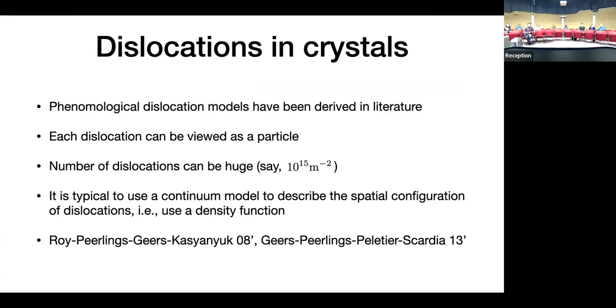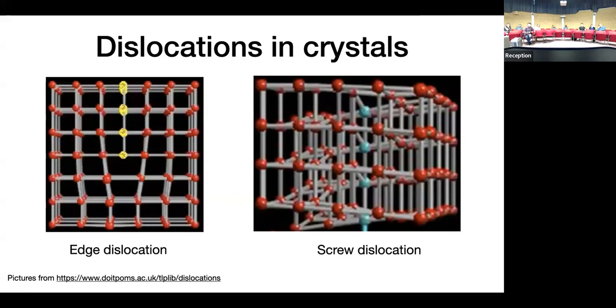Then our question is how to model these dislocations in crystals. In the literature, people have developed some phenomenological models to describe those dislocations. In those models, each dislocation can be described just as one particle in space. For example, if you take an edge dislocation, you can model it by exactly the location of this atom.